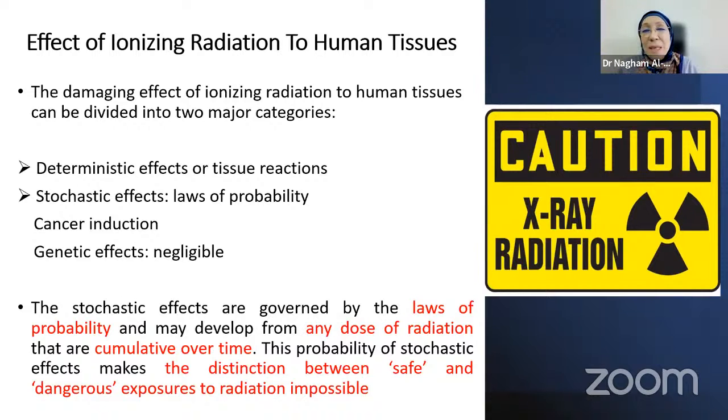Being governed by probability law, this makes the distinction between safe and dangerous exposure to radiation almost impossible. The reason is we cannot measure it. We don't have the tools nowadays to measure that effect. That's why we assume anything above zero is not safe.